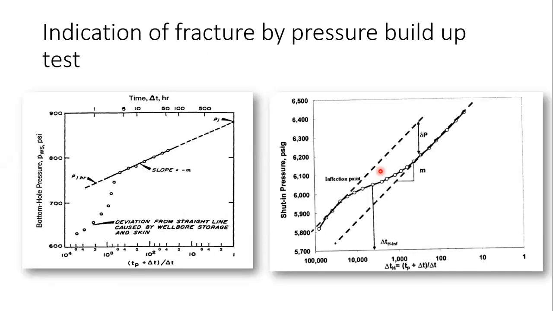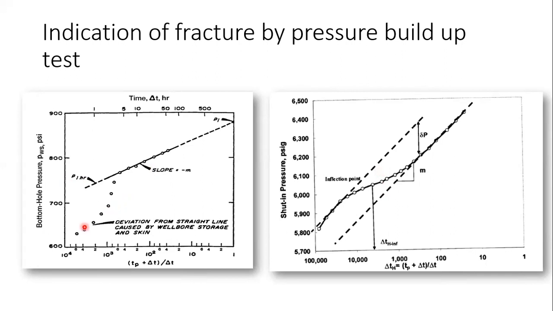Then if you come towards hydraulic fracturing, we have 2 different ways to approach. First of all, we need to indicate that the fracture is present inside the reservoir. How to estimate whether the reservoir carries fracture or not? That can be done by pressure build-up test.